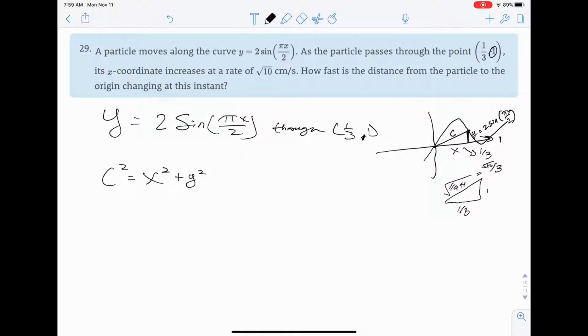Okay. Now, the first step, you have to differentiate it. D with respect to t, the derivative.